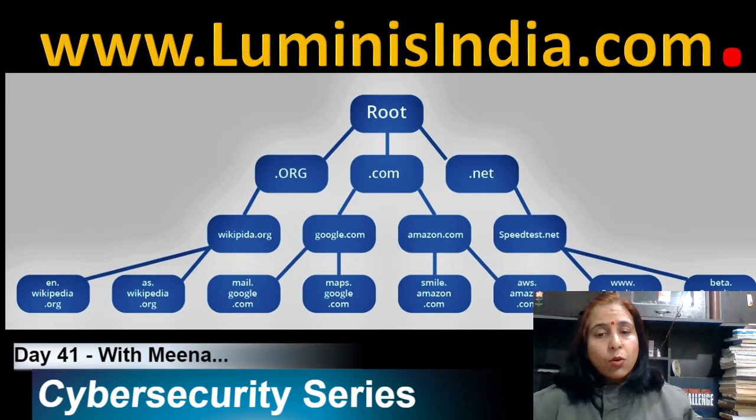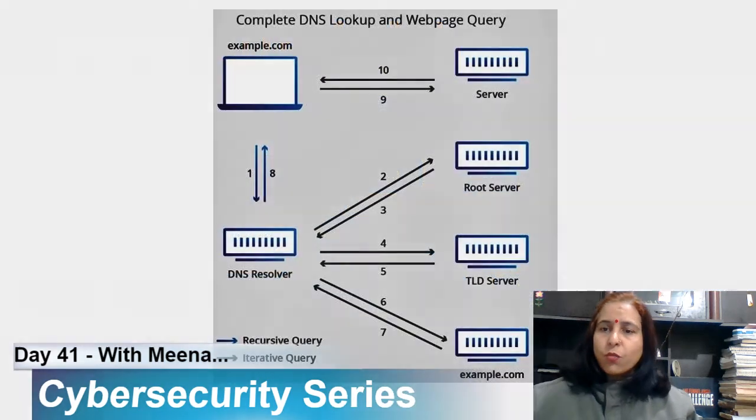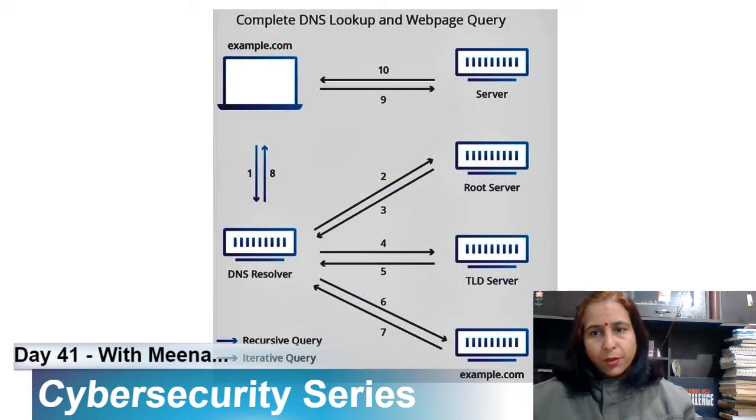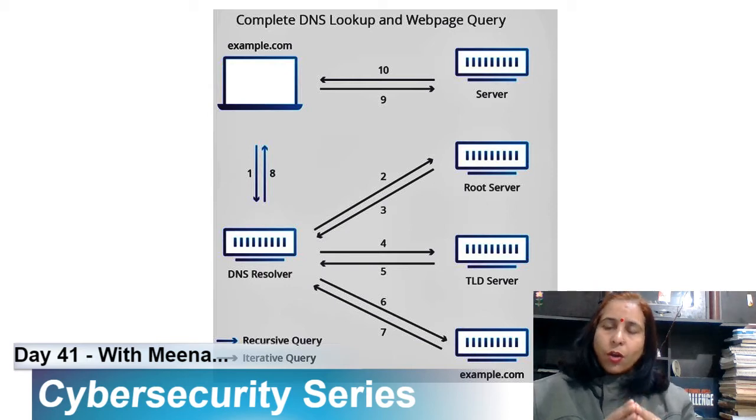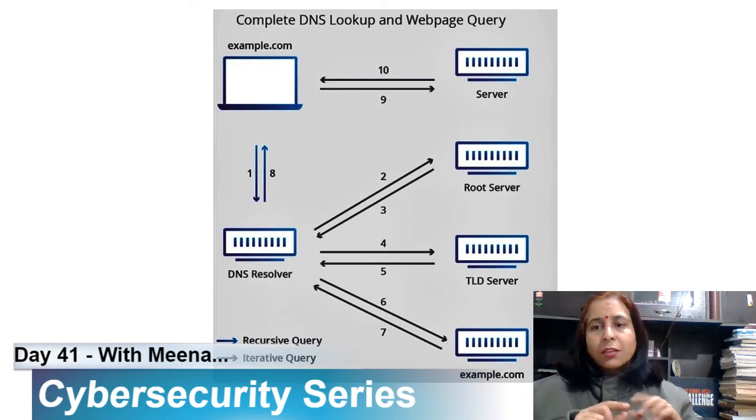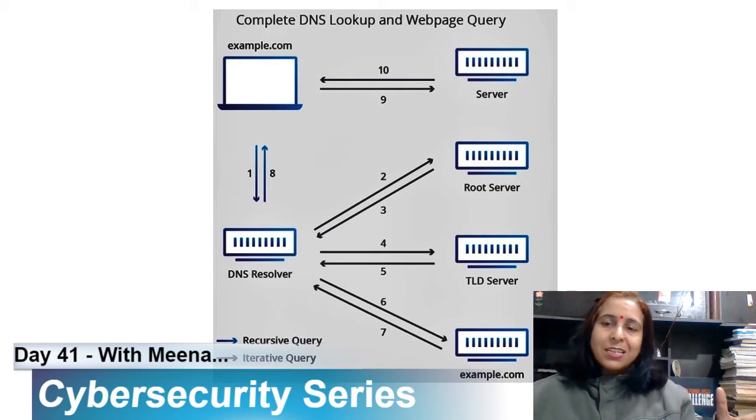Let's have a look at how it works when we make a query. For example, from our PC or laptop, we open the web browser and in the address bar we write a domain name like example.com. Because we have not visited that website previously, the first time it makes a query to the DNS resolver, which is the DNS server IP address provided by our ISP, or it can also be configured by our company.